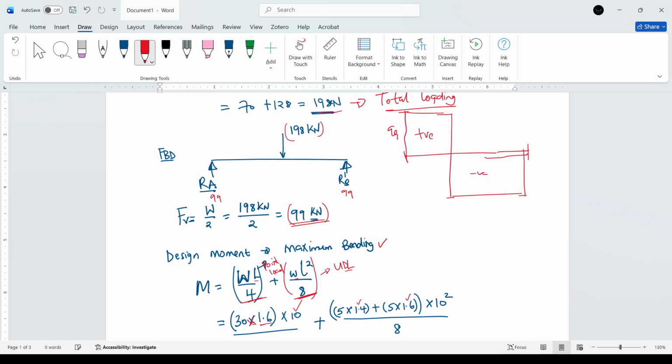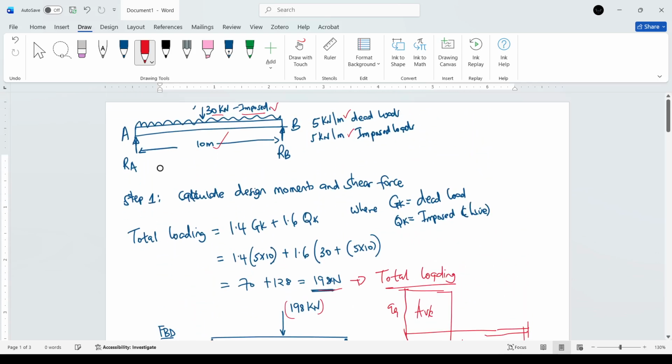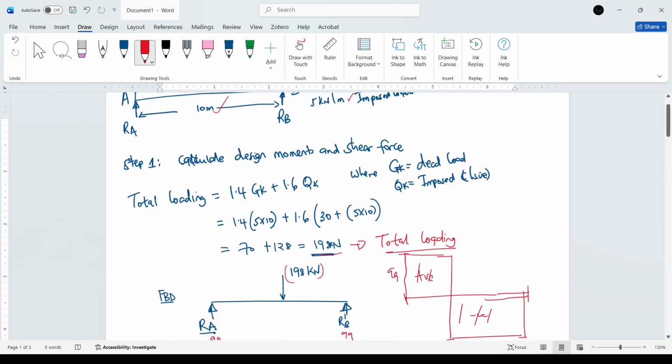Sivyo ndo itakuwa? Yes. Do you think it is a true representation of this diagram? No. Because we have a UDL, isn't it? Yes. So it is not a true representation.